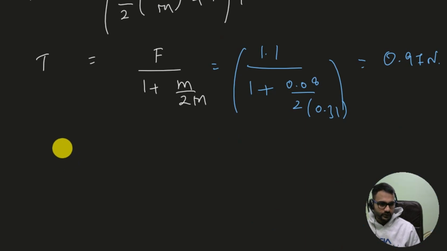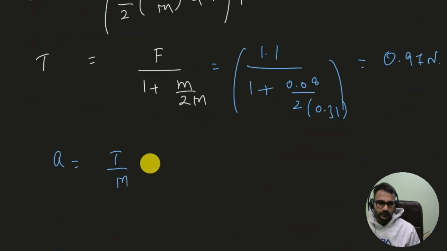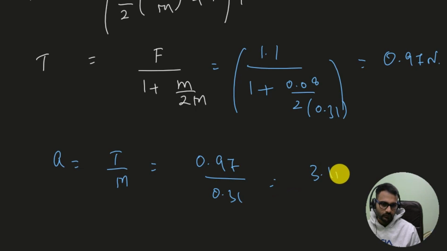Okay, now this acceleration A would be T over M. This thing we have written earlier. Tension we have 0.97. Mass of the cart is what? 0.31. That would be 3.1 meter per second square. This would be the acceleration A. Right?